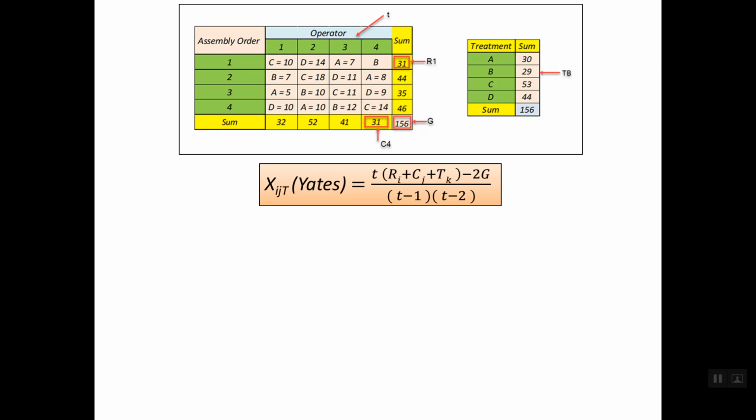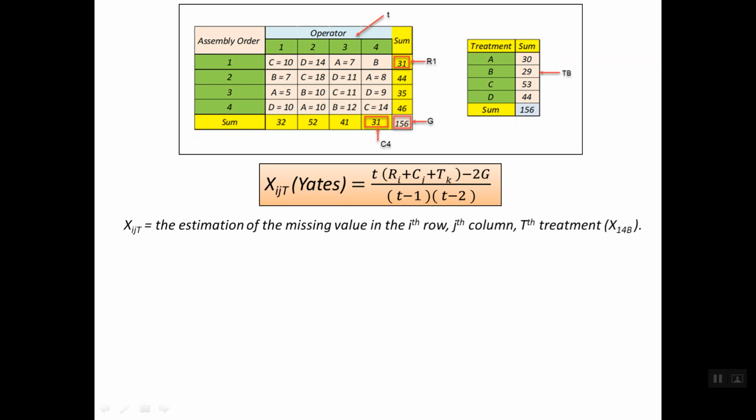So the first step is to make the estimation for the missing value. This is called the Yates formula. There are many formulas for the estimation. This is called Yates formula. X_ij is the estimation of the missing value in the ith row, jth column, tth treatment.